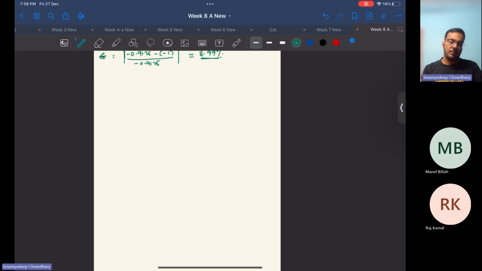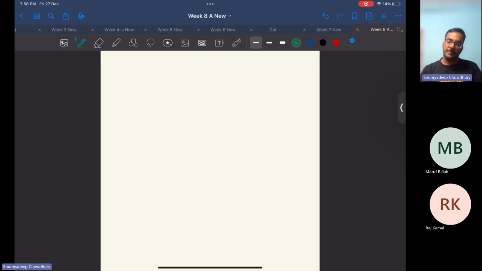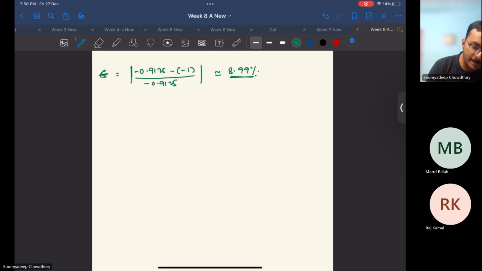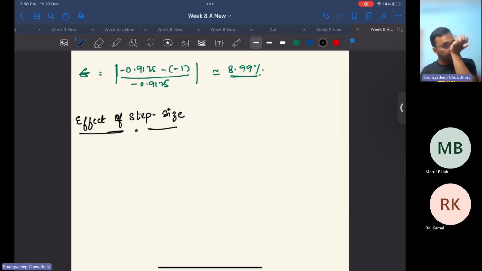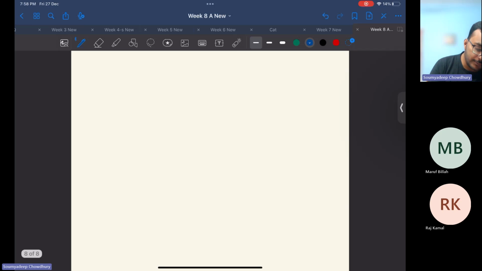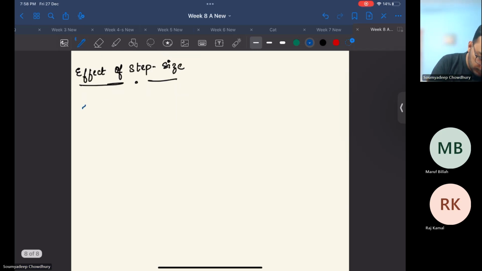Okay. So now we'll see the last topic, which is the effect of the step size. Then we'll go to MATLAB. So how your step size or h value determines the accuracy. You all know that for any numerical method, the lower your step size, the more accurate its value will be. So we'll see here. Suppose we take another different function, a random polynomial function, with 20x and 120.